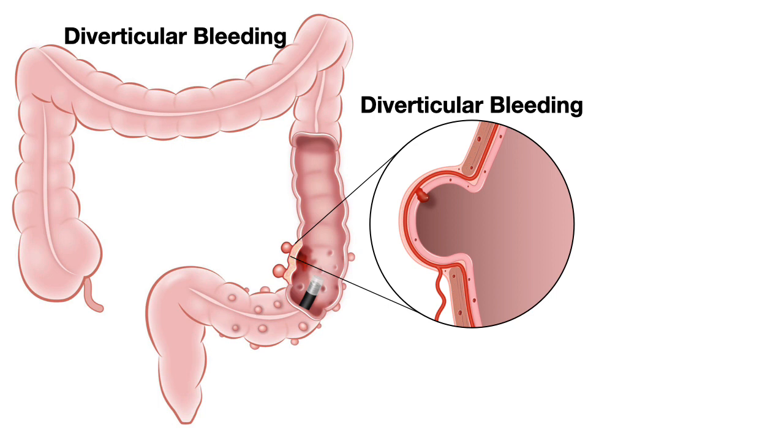And bleeding could be seen either as a clot or a visible vessel, or if you're lucky, you may find active bleeding. This is similar to what we see in peptic ulcer bleeding, a clot, a visible vessel, or an active bleeding. So when you notice bleeding, you have several different options that you could consider.